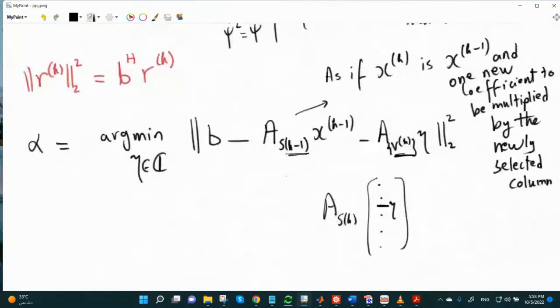But here we are reusing the previous vector x of k minus 1, and we are just optimizing over the new element, which is eta.